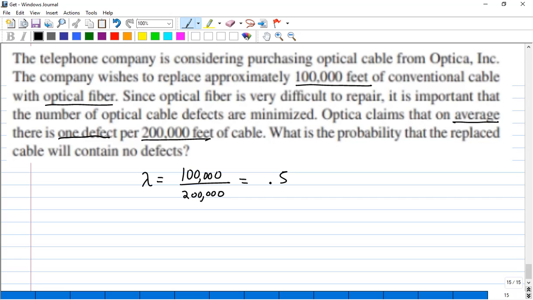All right, there are tables then we could use to figure out the probability of replacing the cable with no defects. What would our X be right here if we didn't want to use a table?